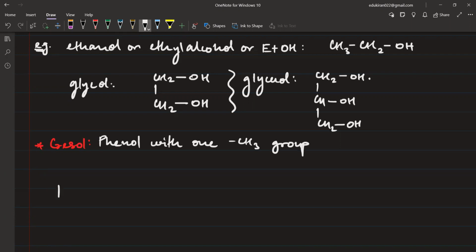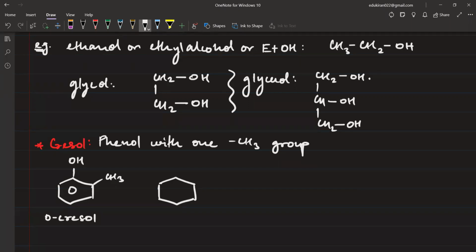Okay, so this is phenol. If you have the CH3 in the ortho position, then it is named O-cresol.